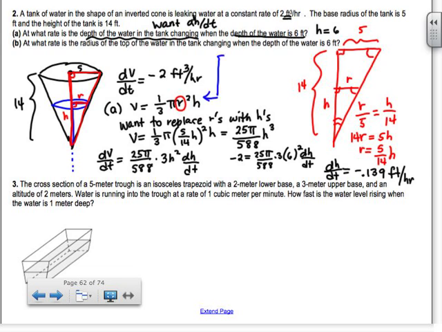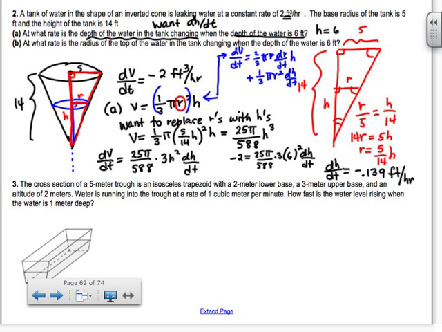Okay, so let's say you panicked and you took the derivative right here and you did product rule, so you had dV over dt equals 2/3 pi r times dr over dt times h plus 1/3 pi r squared dh over dt.